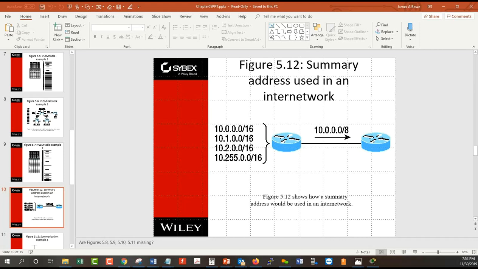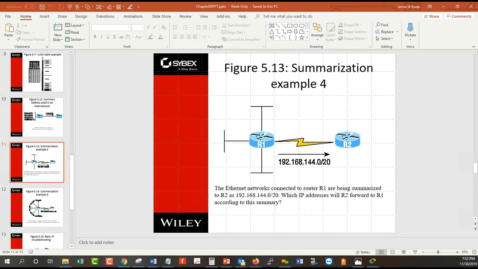However, one of the things that we can do is summarize all of this into a single network ID of 10.0.0.0. So we go from a /16 to a /8 to summarize all of these addresses. All right.